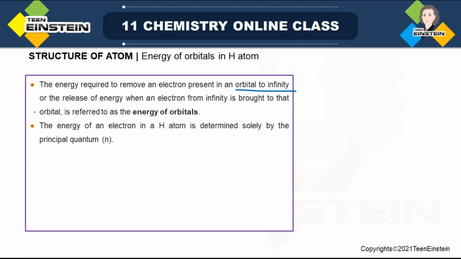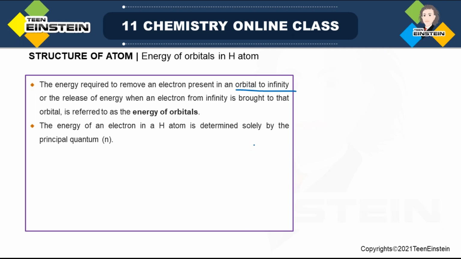But in the opposite process, if you are bringing the electron from infinity to the orbital, then there will be some release of energy. So the energy required to remove an electron present in an orbital to infinity, or the reverse, is known as the energy of the orbital.